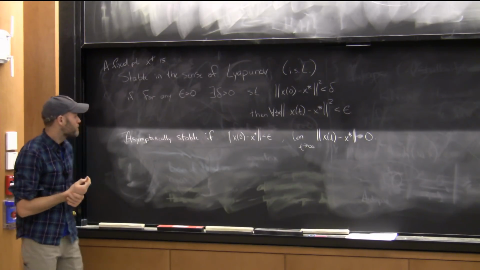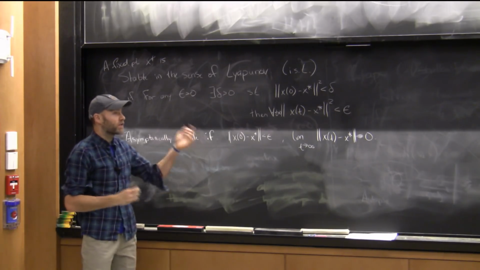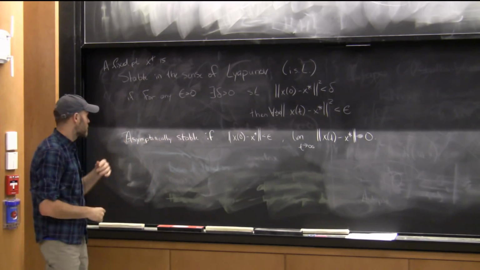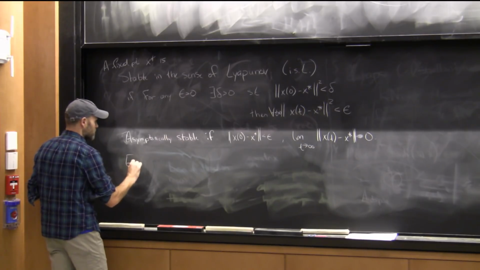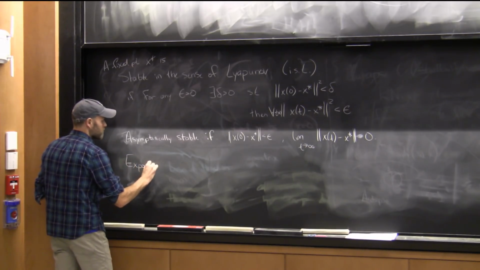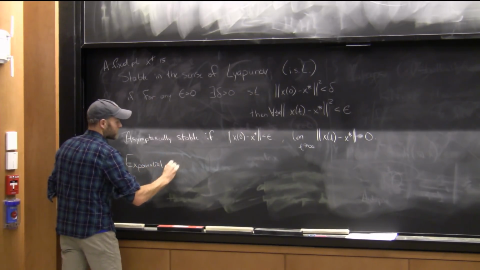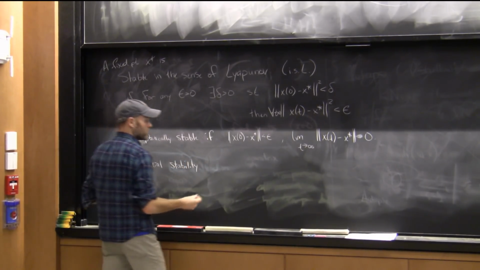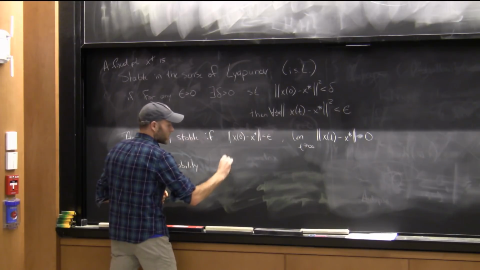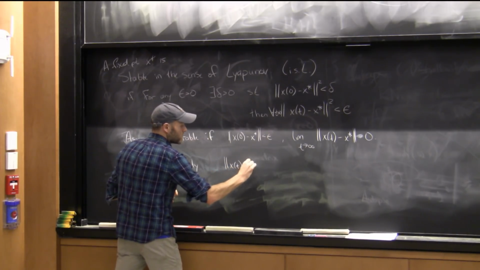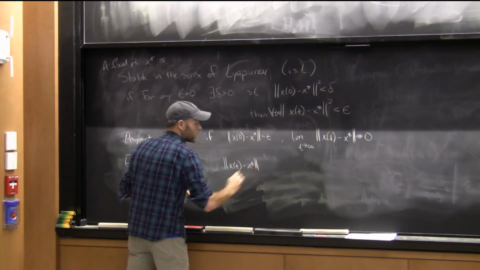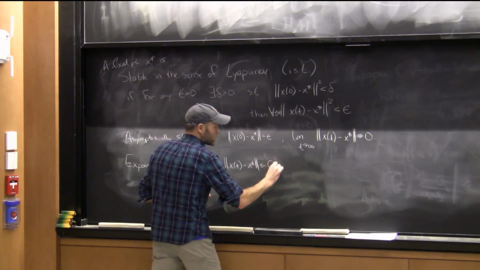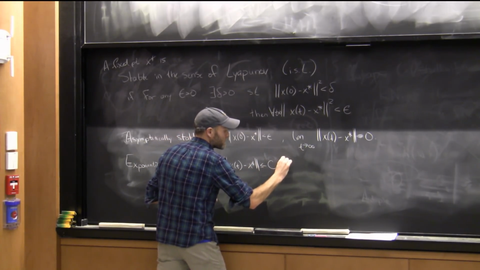Okay? And then there are cases where you want to talk about how fast it gets to the fixed point. So you can talk about, for instance, exponential stability. Which would be, for instance, that x of t minus x star is less than some exponential.